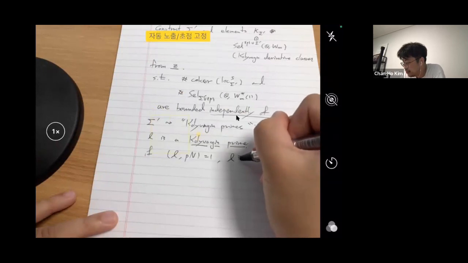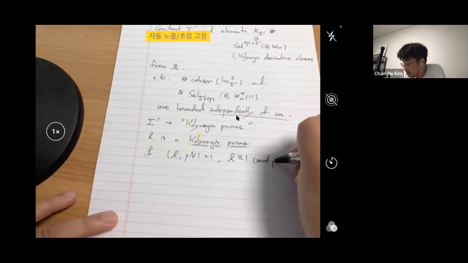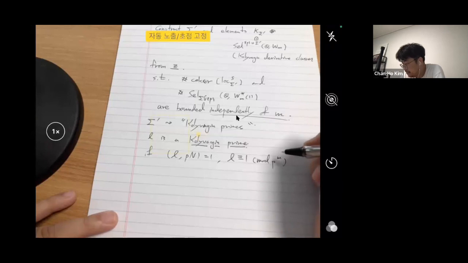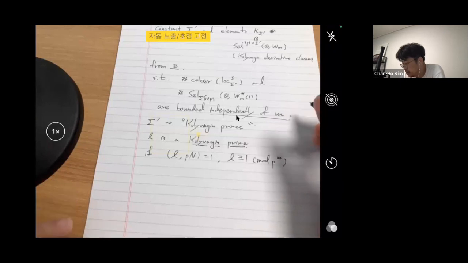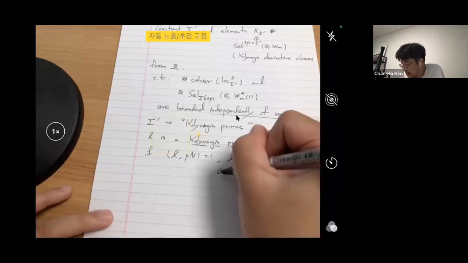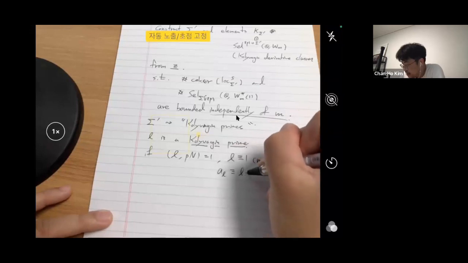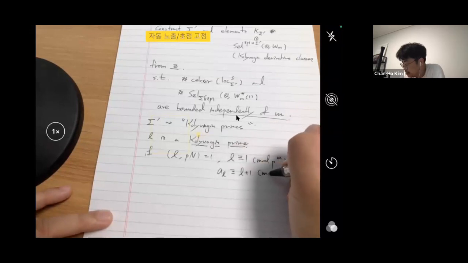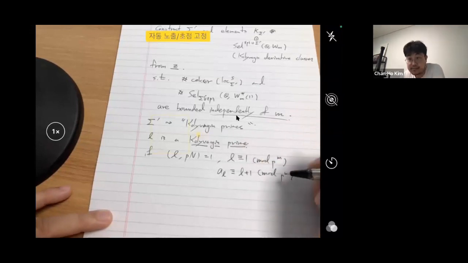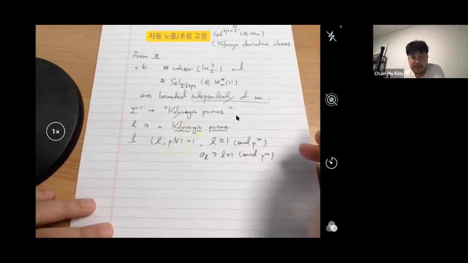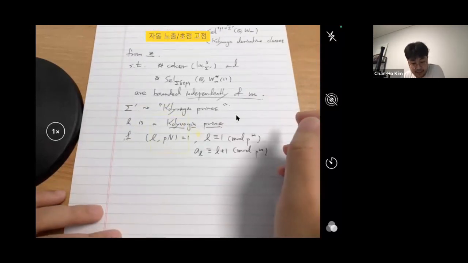L is congruent to 1 modulo p to the m, because we work over all the higher power congruences, and AL is congruent to L plus 1 modulo p to the m. That's our convention of the Kolyvagin primes.